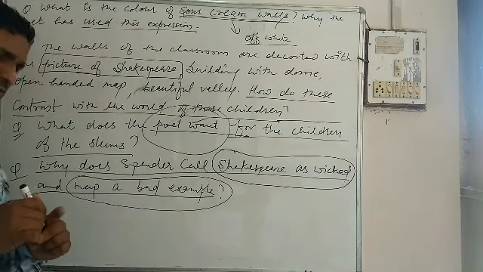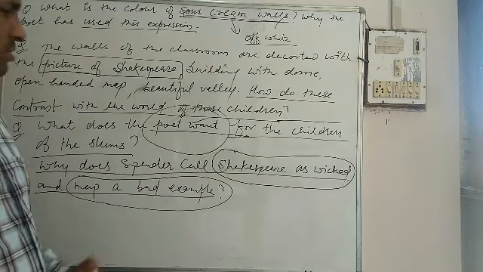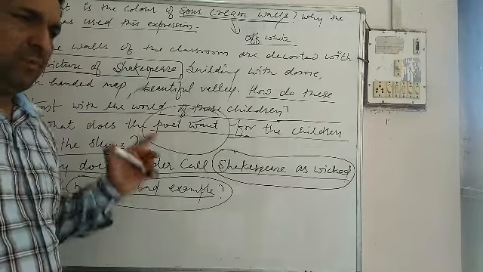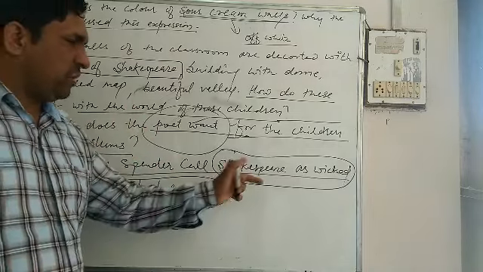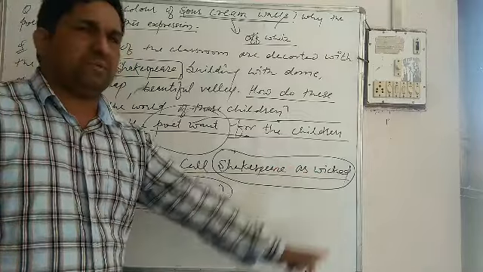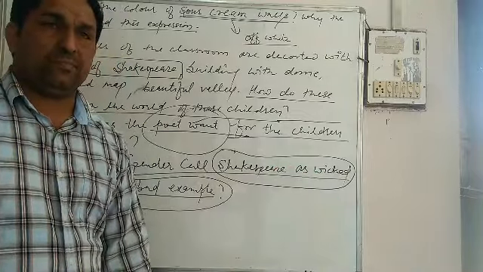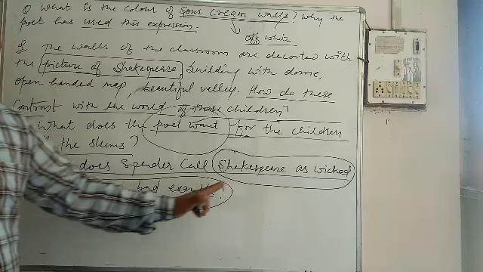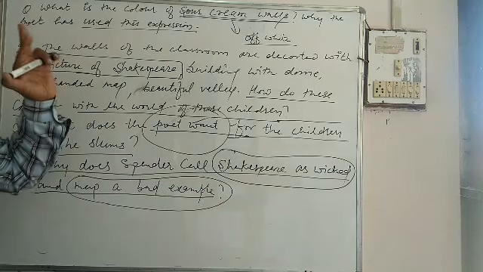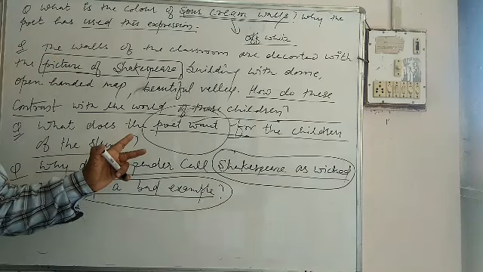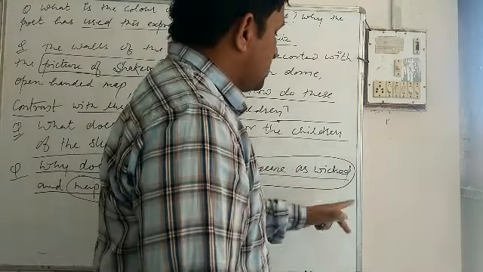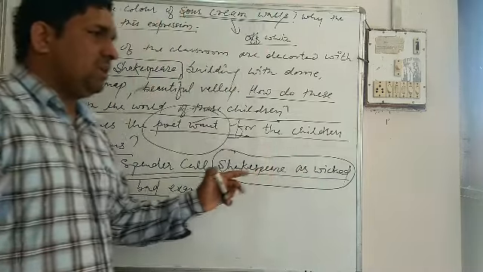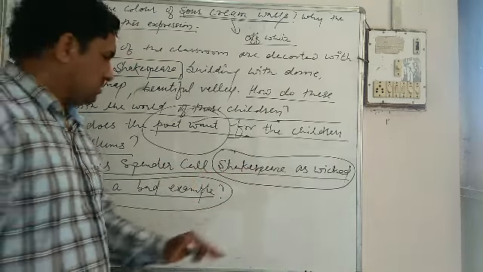So the first thing you have to write down is that surely the poet doesn't mean to say that William Shakespeare is absolutely a wicked person. No. He absolutely isn't. He is a great literary scholar.